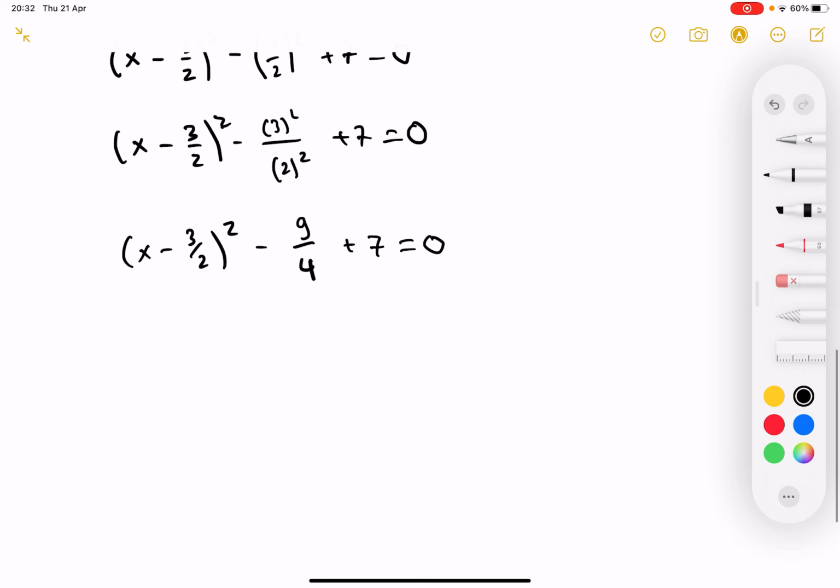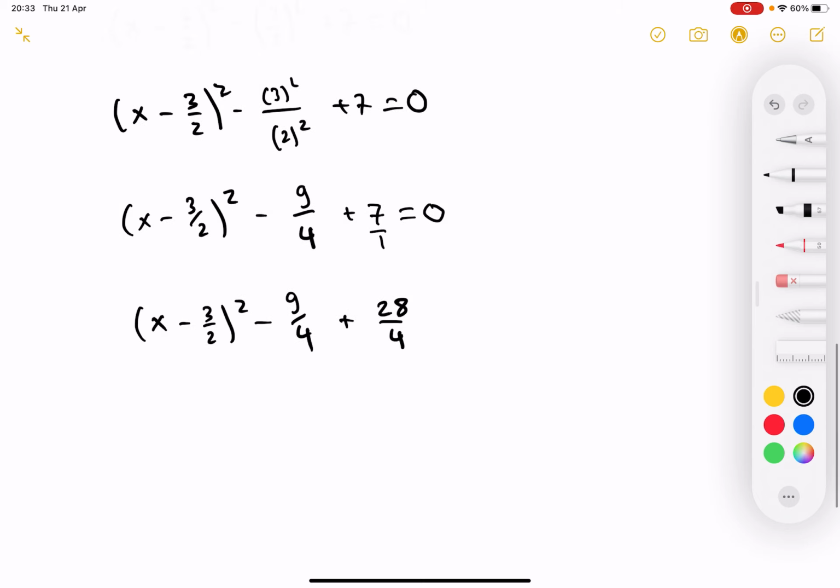We can change the 7 into a fraction, because 7 is the same as 7 over 1. So, x minus 3 over 2 squared, minus 9 over 4, plus something over 4 is 7. That's going to have to be 7 multiplied by 4, which is 28, because 28 over 4 is still 7. Okay, and that's equal to 0.